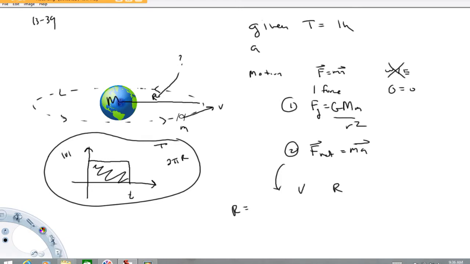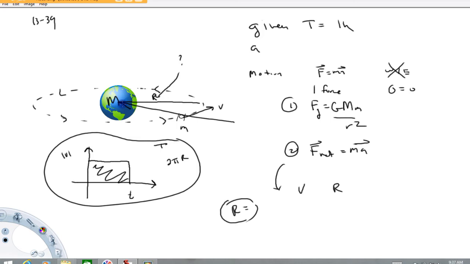But they're just asking you to comment on that. So after you calculate the radius, go back to this picture and see roughly where it puts you. If you get something like this, I'd say there's nothing unreasonable about it. But if you get something like this, where it's inside of the Earth, then you've got an issue. Not with the math, but your calculated radius would be too small for reality, because the thing cannot orbit inside the Earth.